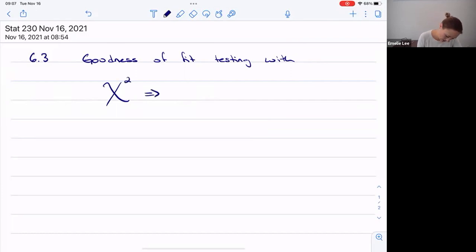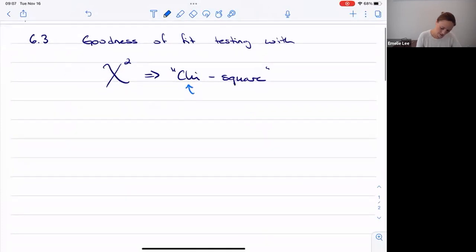and technically it's chi squared. How do you phonetically say it? Chi. Okay, so there's no ch in there, it's just k. Otherwise you'll sound like you don't know what you're talking about, and I don't want that. So you have to say chi, okay?